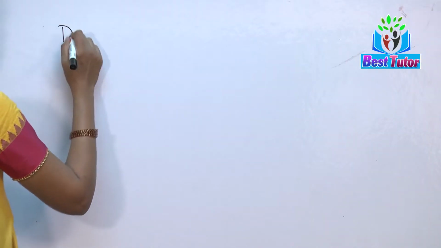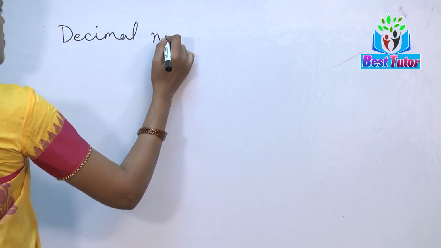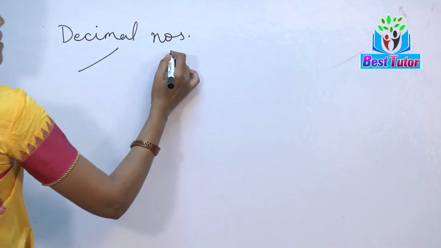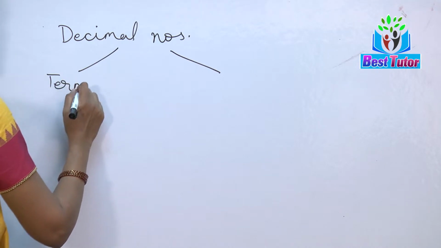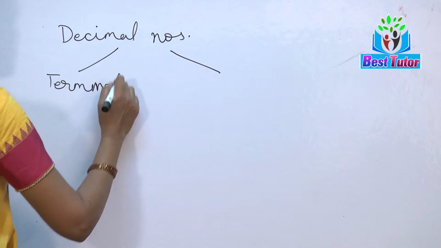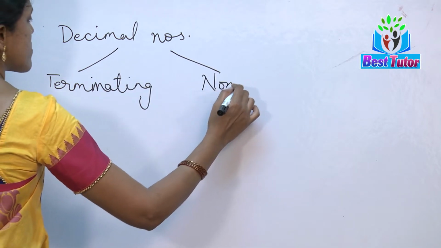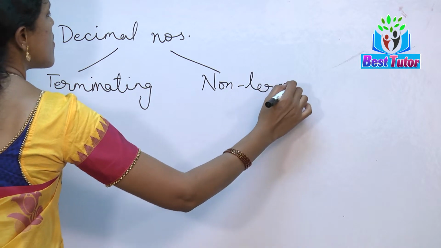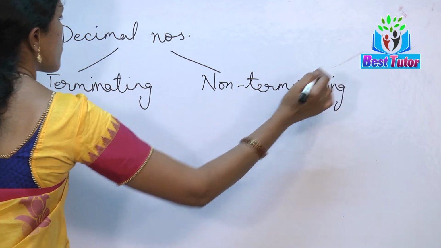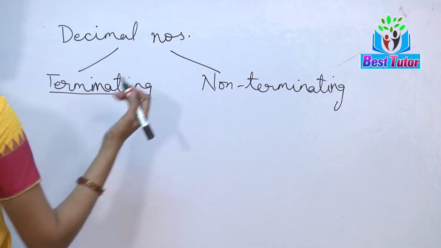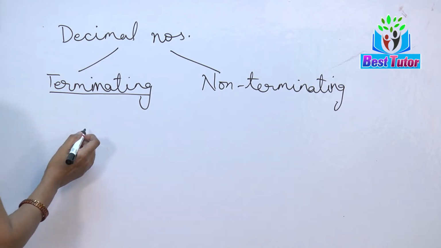So, let us learn about decimal numbers. These are classified into two types. One is terminating decimals and non-terminating decimals. What do you mean by terminating? The term terminating states that the procedure will stop after a while.